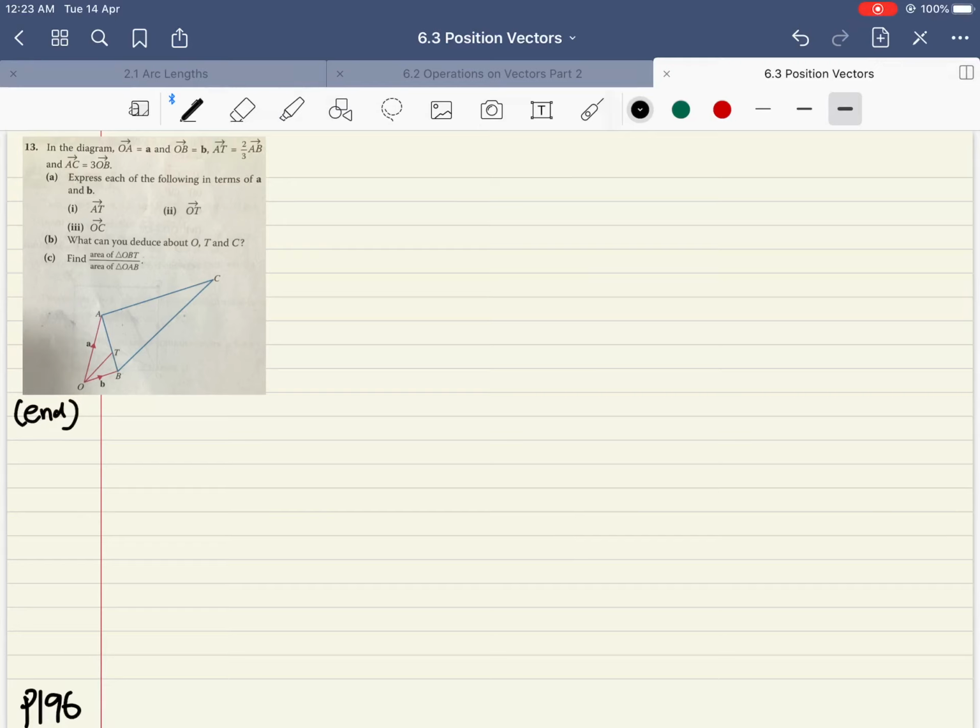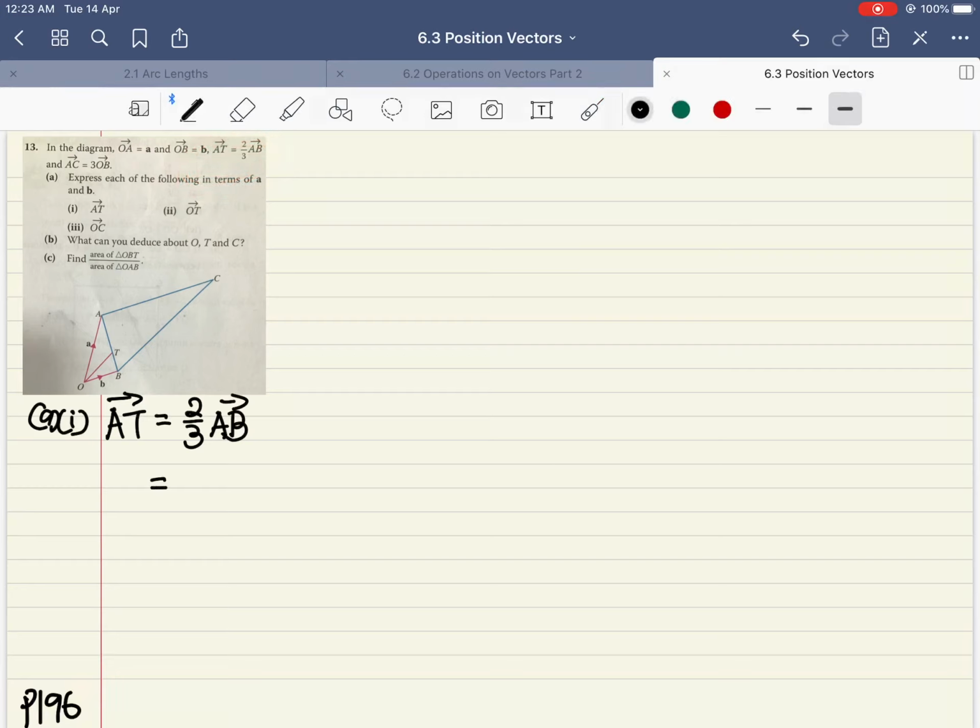Okay, which brings us to the very last question of 6.3 position vectors before you can go and try out some questions on your own. So now A part 1, AT. For position vectors, AT in this case is 2/3 of AB.